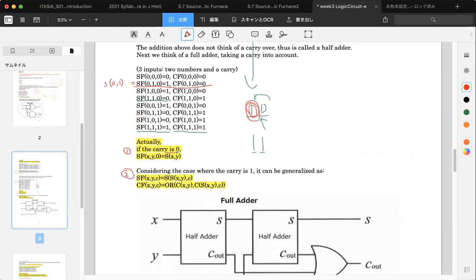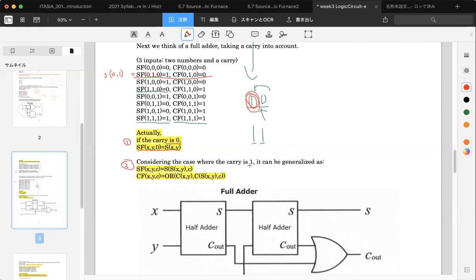The first case is when the carry is 0, because it's a binary system and we only have 2 possible outputs, either 0 or 1. When the carry is 0, we can understand the SF system as such. But when the carry is 1, it should be further generalized.